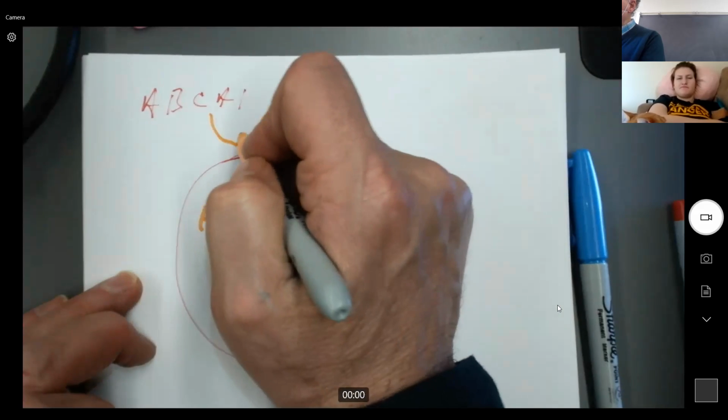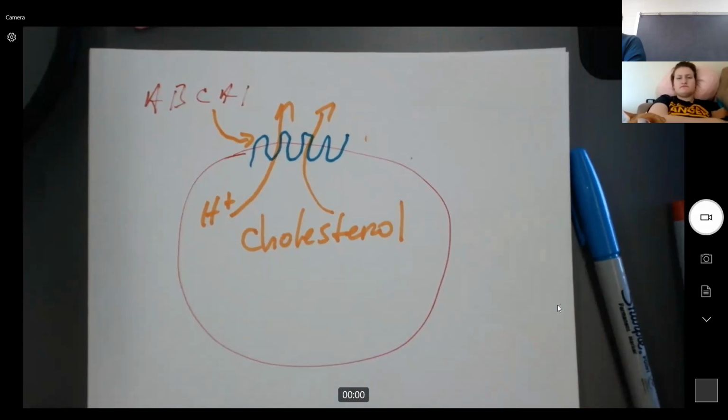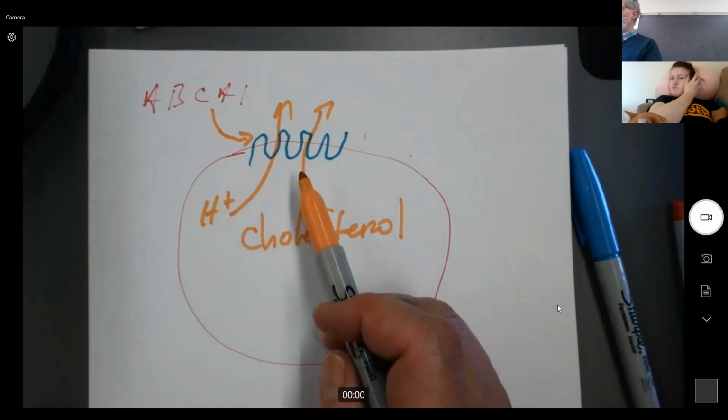That's what this ABCA1 does. HDL very clearly can bind to ABCA1.